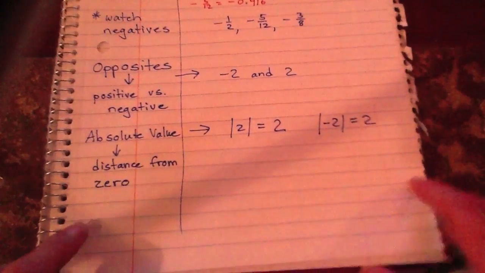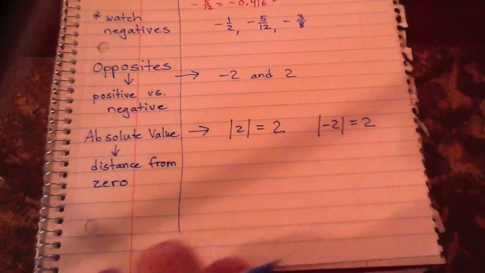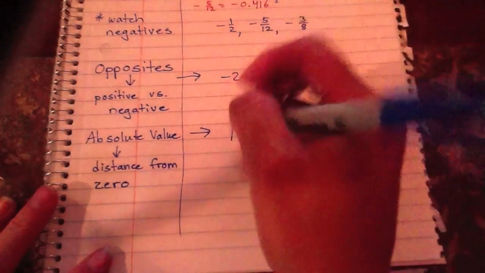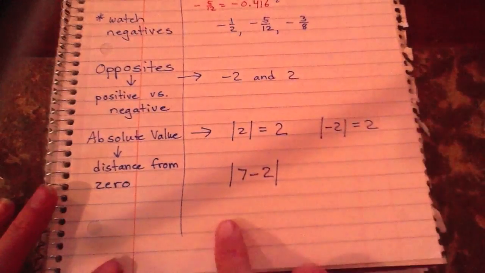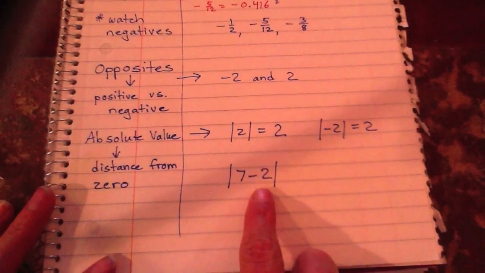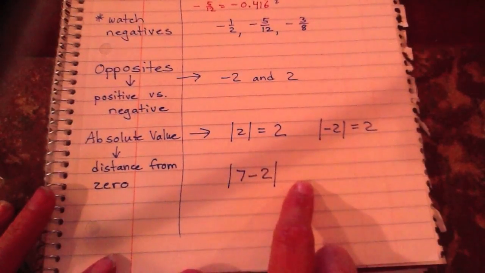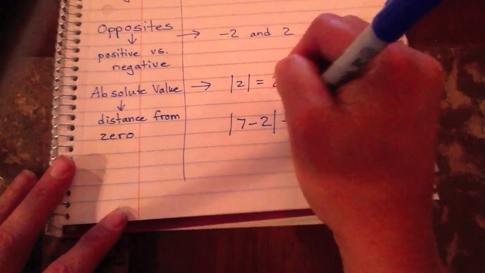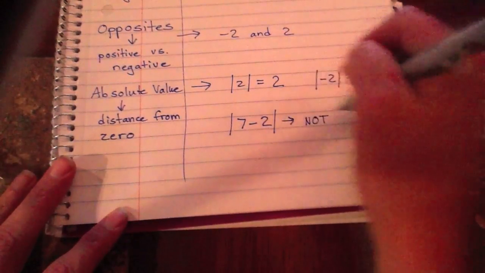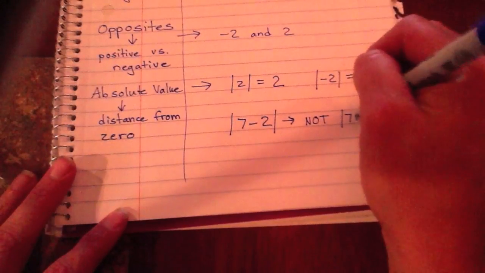Now a quick example where I see mistakes sometimes that you want to just be aware of. If I have something like 7 minus 2 and that's in the absolute value, you treat this like parentheses. You simplify, then take absolute value. So it is not going to be the absolute value of 7 plus 2.